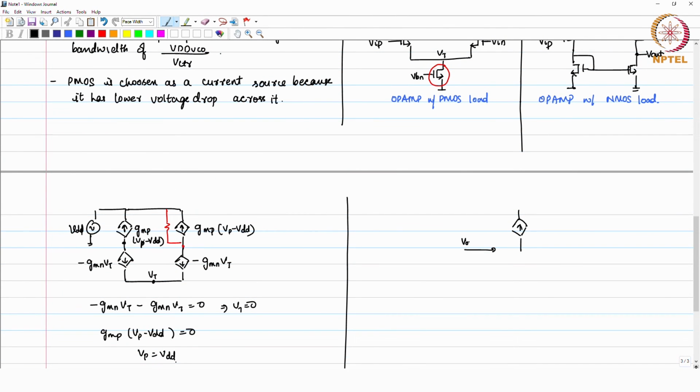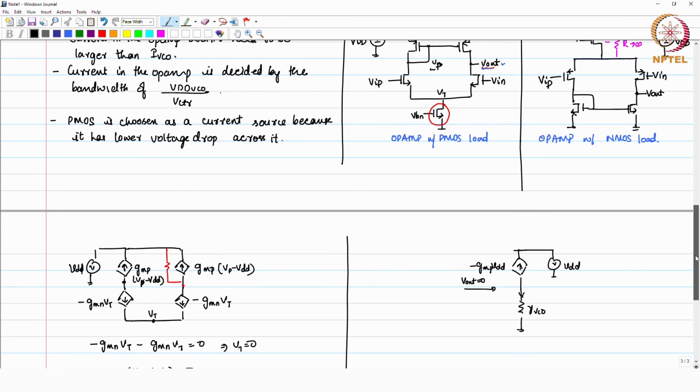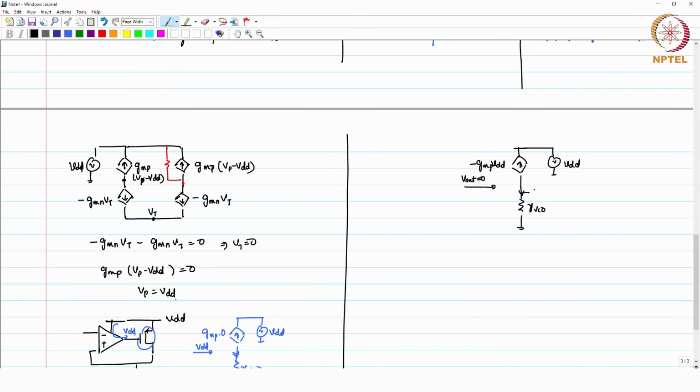The gate voltage is actually at 0, it does not change because of the supply noise, and you have here VDD noise like this, and then you have the resistor R VCO. So, the current which you are going to see is GMP times VDD. This noise current flows through the equivalent resistance of the oscillator, and you will have delta VDD VCO.